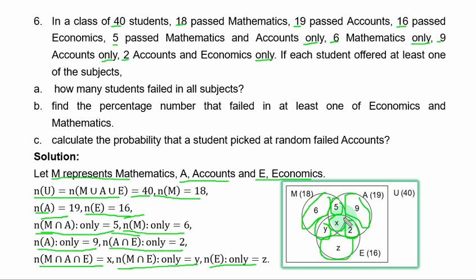To get S, Y, and Z, it is better that we start by getting S, because in the subset of accounts, if you add everything there, you equate it to 19. Now, you cannot use the usual procedure of adding everything and equating it to the universal set because of the letters S, Y, and Z. Here, you have to use the subsets respectively to get the various missing parts.